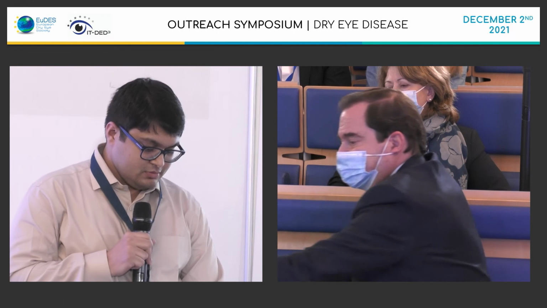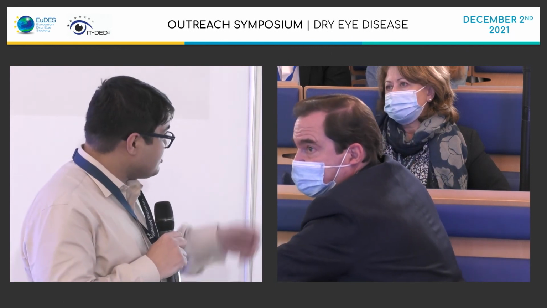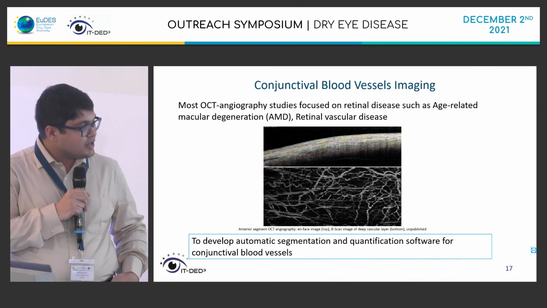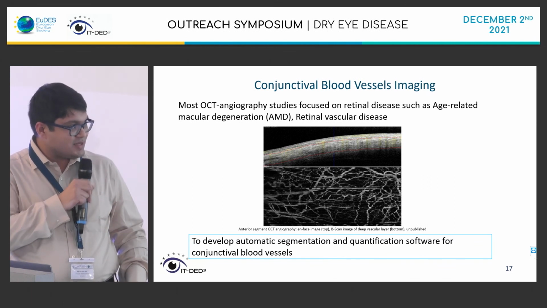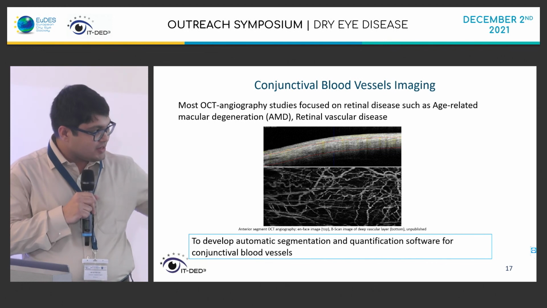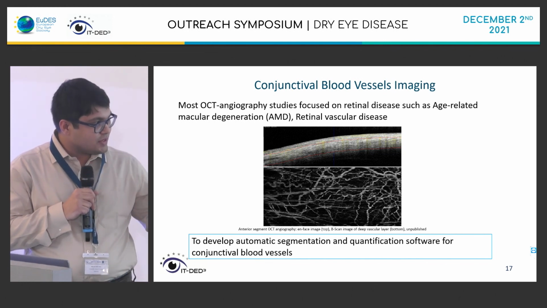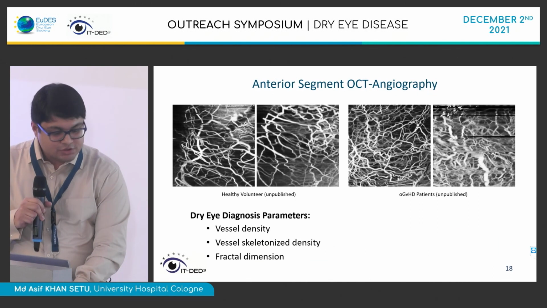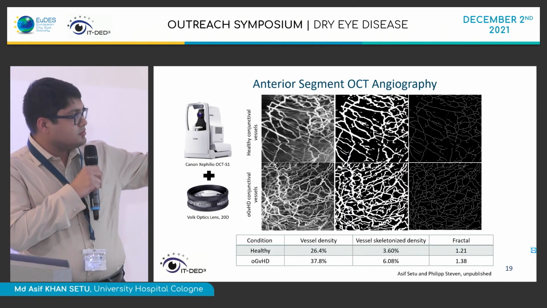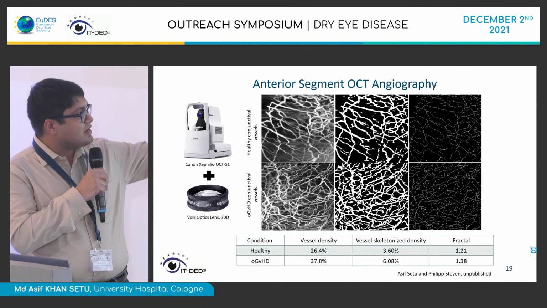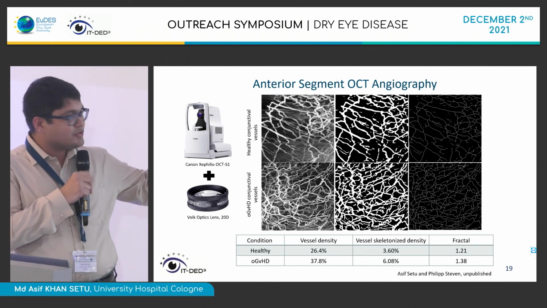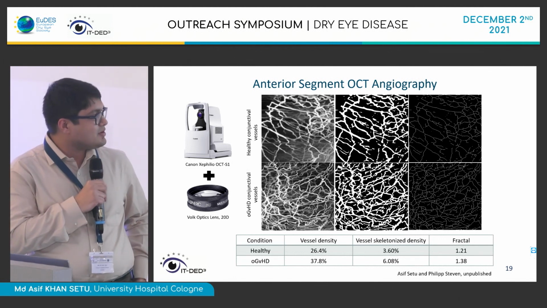Yes, because this is an example from Heidelberg Engineering. They are trying to produce the angio-OCT, but the quality is not good because they are in the trial phase of developing it. So we have a clinical device, which is the Canon Xephilio. We got it for 3 months in our hospital.